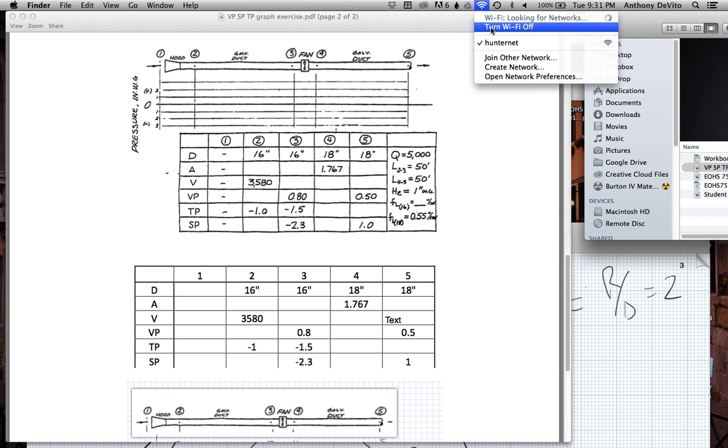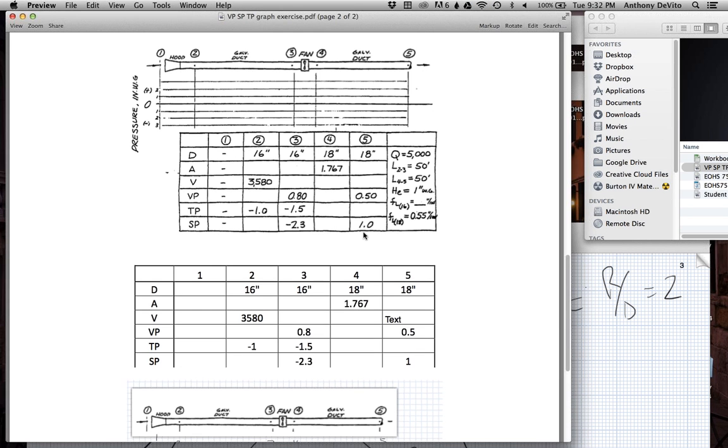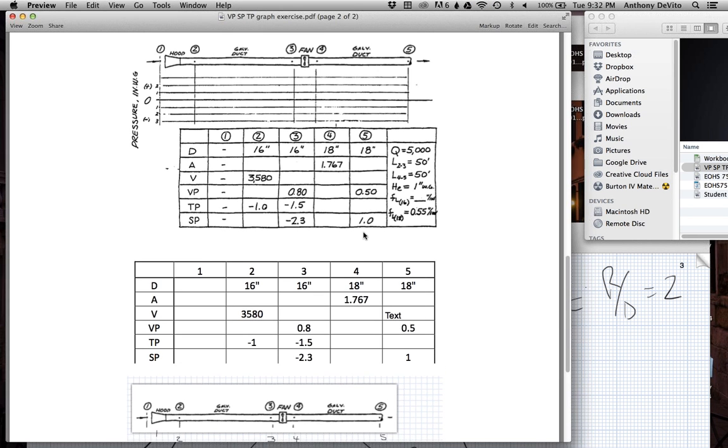Wi-Fi for some reason has abandoned us. I'm sorry I didn't plug in. Looking for networks, yeah, the Wi-Fi went down. Oh, that's unfortunate. Okay, so at any rate, if you look at that, oh, connection restored. What do you know?